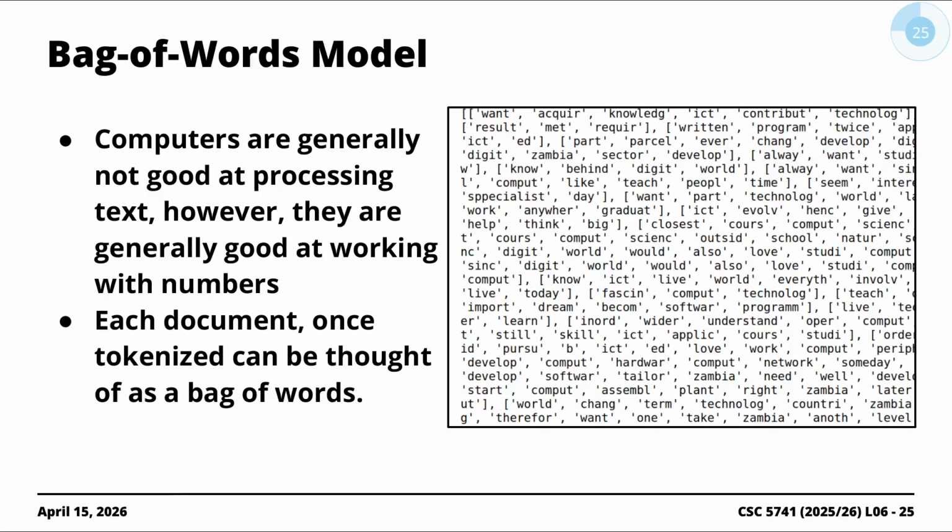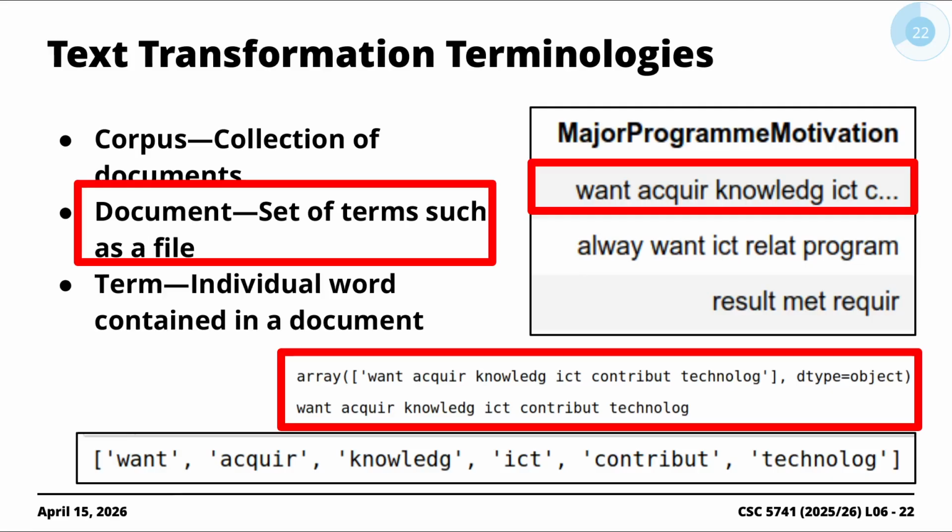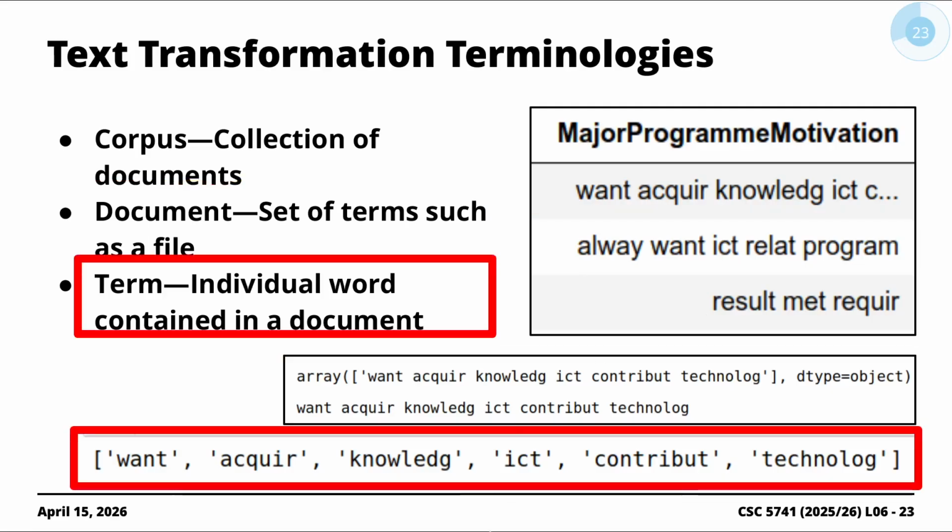The unique terms would be, remember, we have a corpus that has documents. Documents have terms, right? These individual words here. So for each document, we get all the terms. If we have 10 documents, we get terms for each of the 10 documents. And then we combine them and get the unique terms, okay?